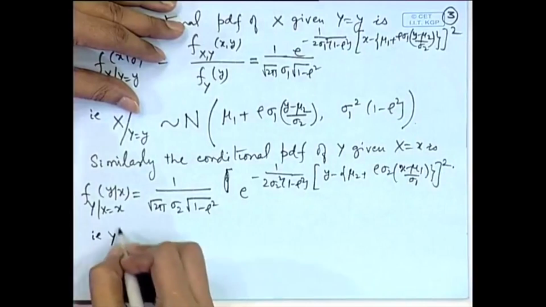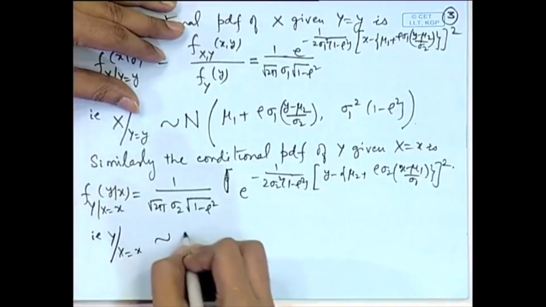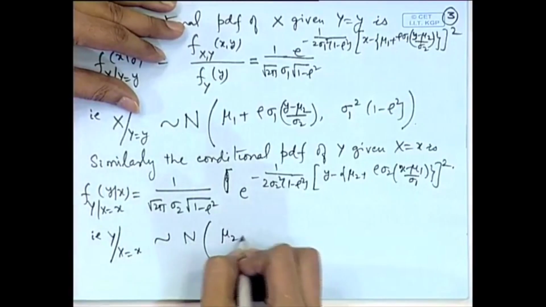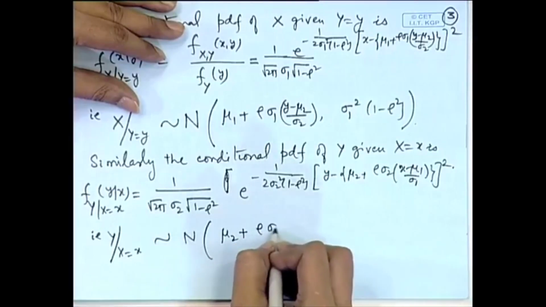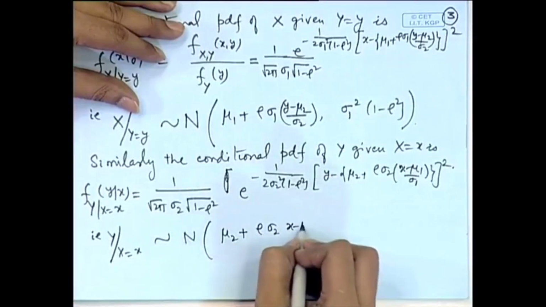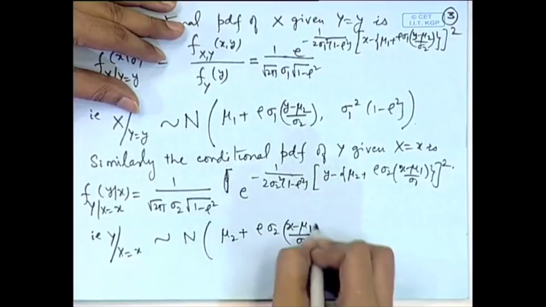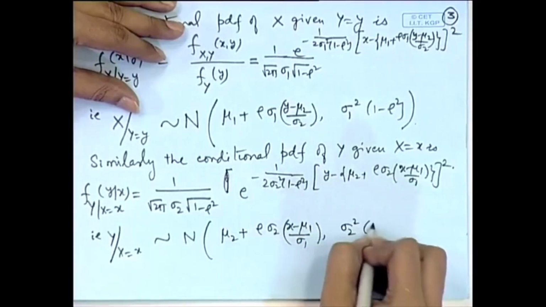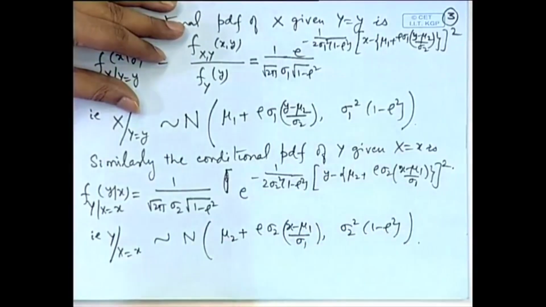That is, Y given X equal to x follows normal with mean mu 2 plus rho sigma 2 (x minus mu 1) by sigma 1 and variance sigma 2 square (1 minus rho square).